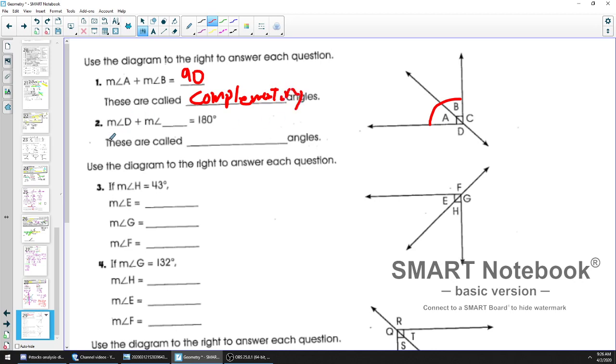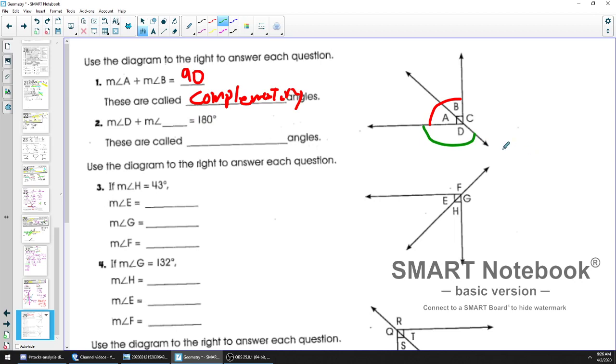Okay. Now, this one says angle D and angle blank equals 180. I know this is angle D, and it has to equal 180, so I'm looking for a straight line.